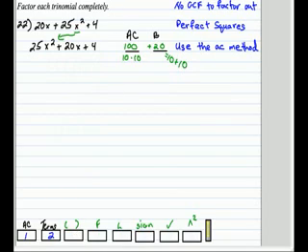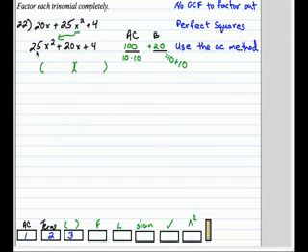So that's going to break down into two parentheses. And now I have perfect squares. So I could do a full AC.